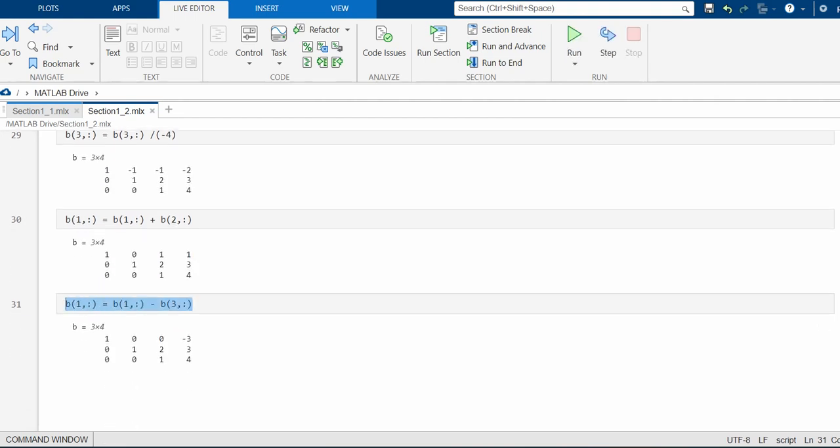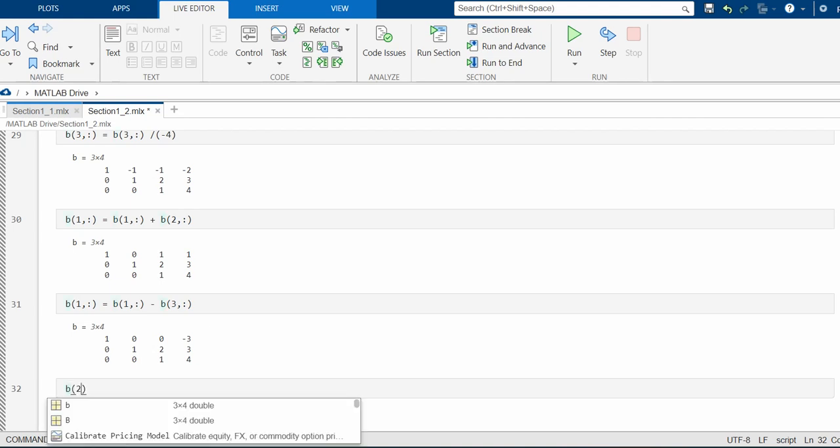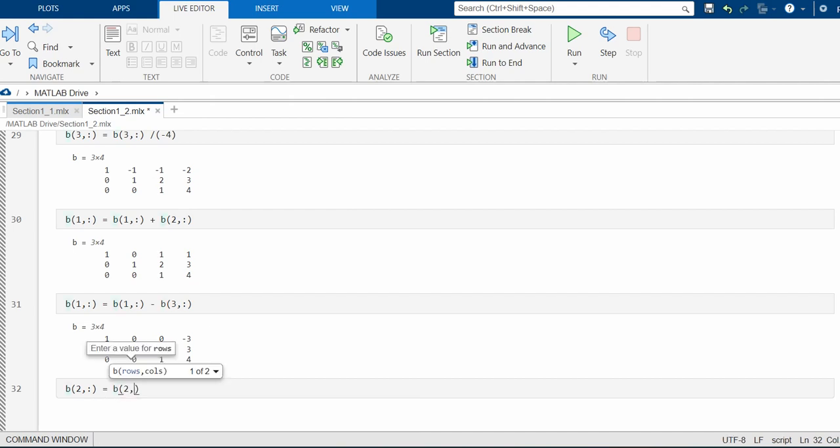And then final step is to say, hey, so now I want the second row of B equal to the second row of B minus 2 times the third row of B. Okay, so what's that going to do?